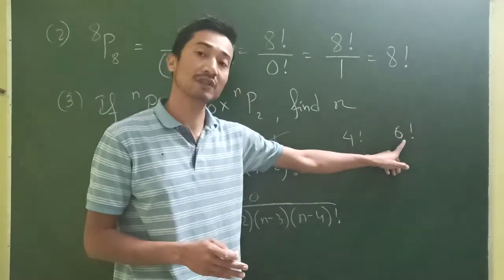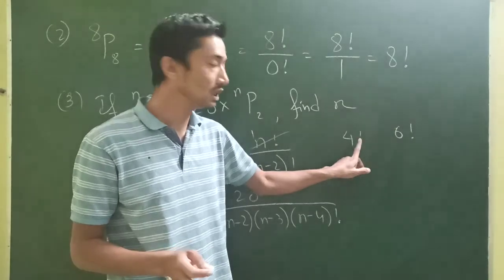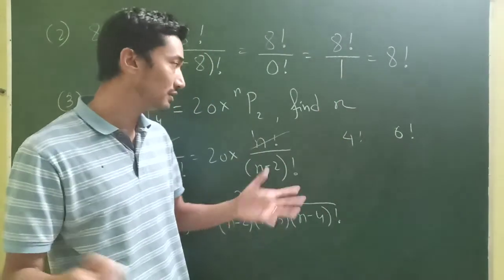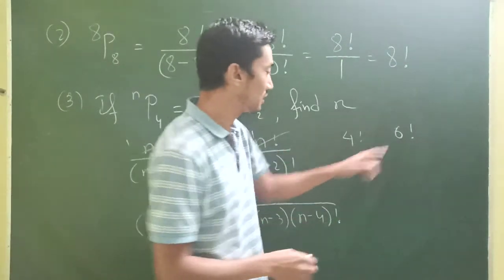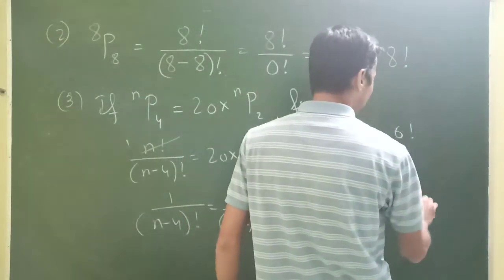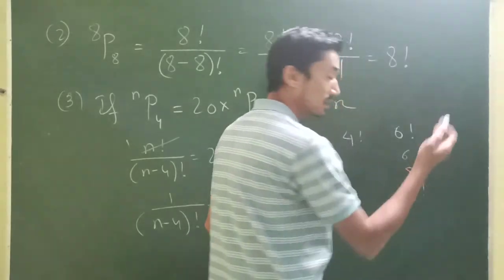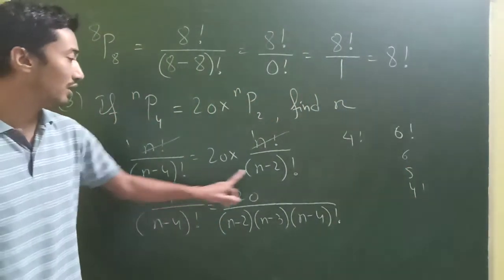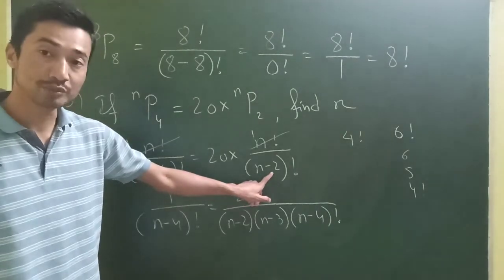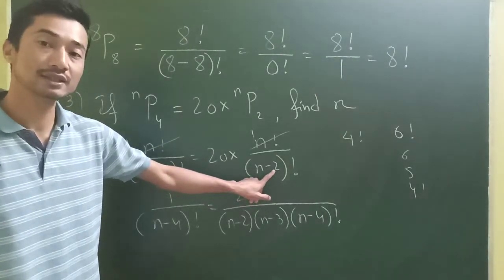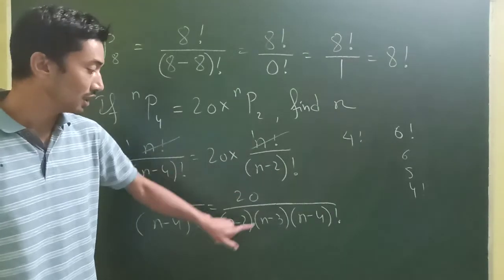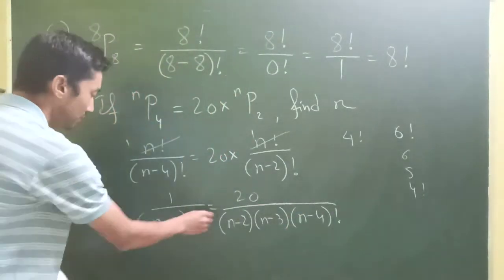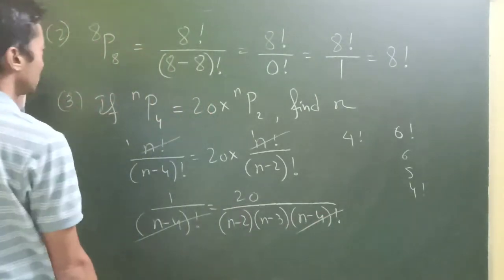But if I expand 6 factorial, on the way I will meet 4 factorial, where I can say hi, hello, have a cup of tea together, and then carry on, isn't it? Because 6 factorial is 6, 5, 4, 3, 2, 1. So that's where I meet 4 factorial. So here n minus 2 is bigger, because less is subtracted. So I expand this, 1 less, 1 less, 1 less, 2, 3, 4. And because of that, (n minus 4) factorial goes out.